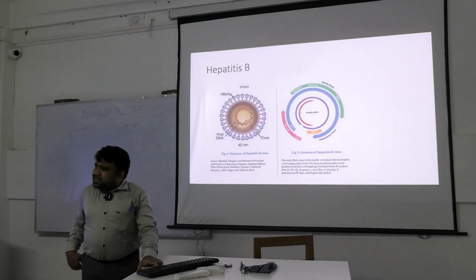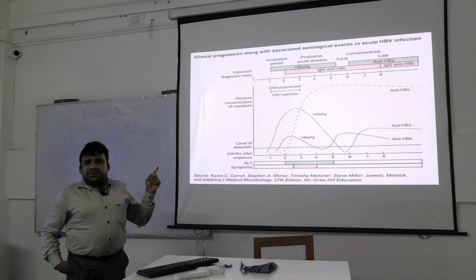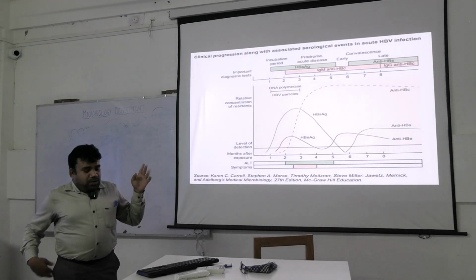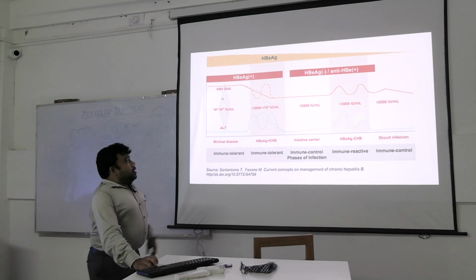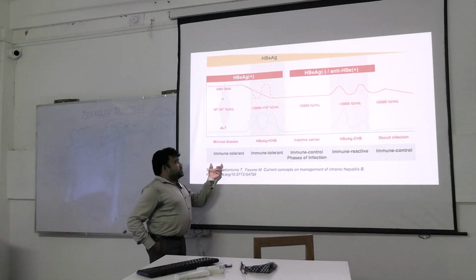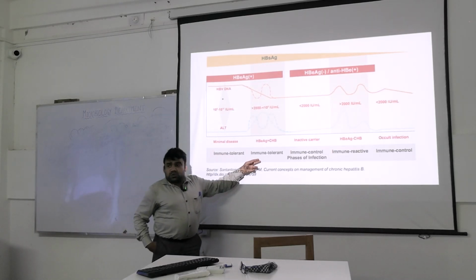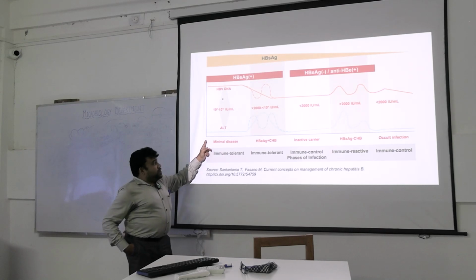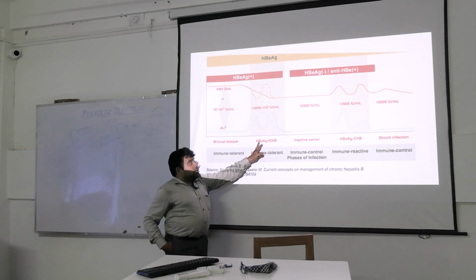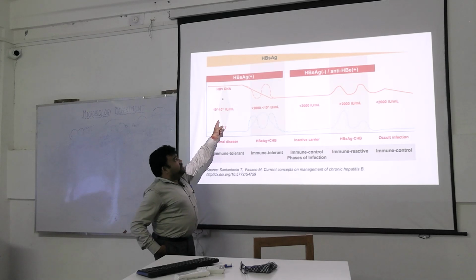Next is hepatitis B virus. You are all acquainted with this picture, okay? Fine. Now, one more important thing, please look at this one. At the initial stage, the initial 2 stages are called the immune tolerant phase. First is where the hepatitis E antigen comes, but look at the viral load.